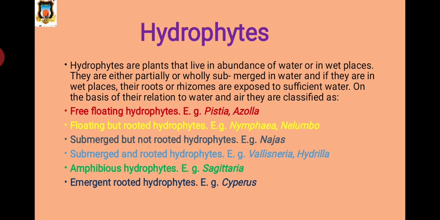Next is the amphibious or marginal hydrophytes. These plants grow in shallow water. They require excess water, and their shoots are exposed to air. Examples are Sagittaria and Ranunculus, whose shoots are partially in water and partially emerged above the water surface.